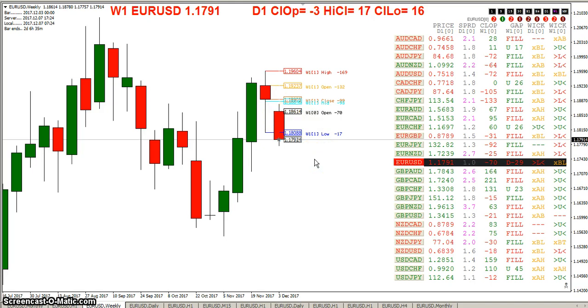So let's just say you were at the open, you wanted to go long because it gapped down. Well, if you're trading the week, you can see here, you would most likely put your stop loss here, and you would have been stopped out, which is perfect.